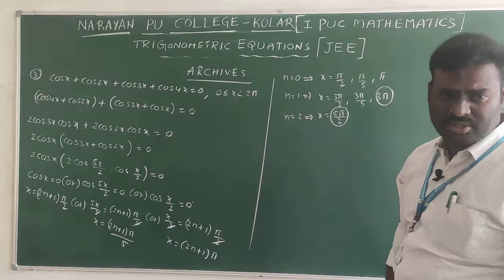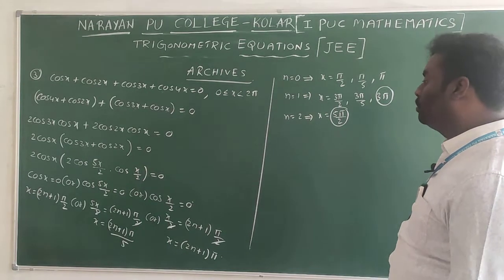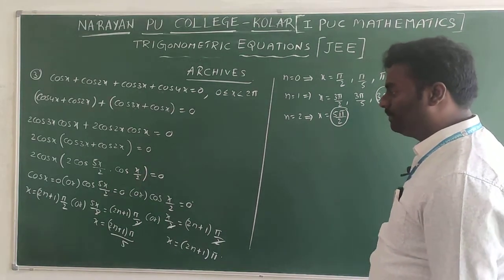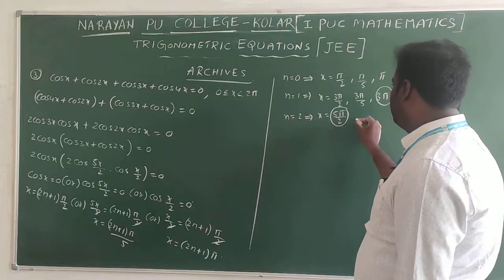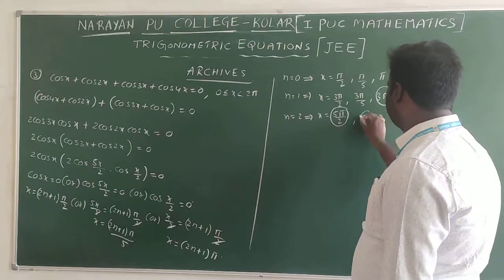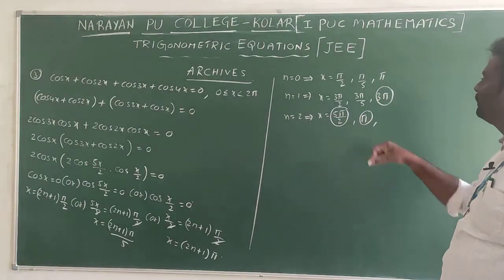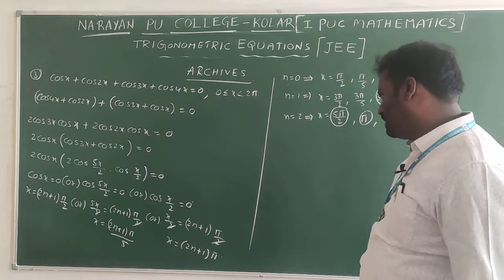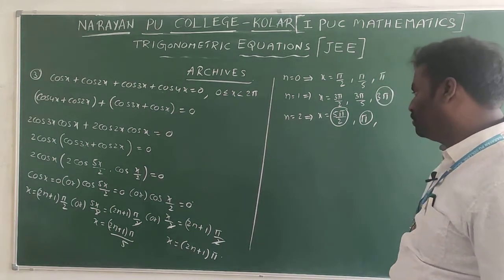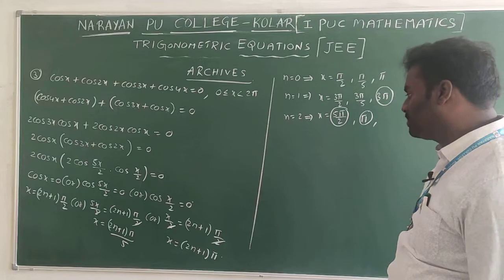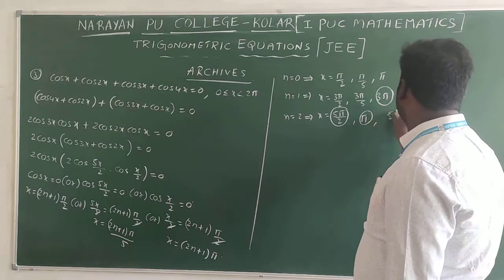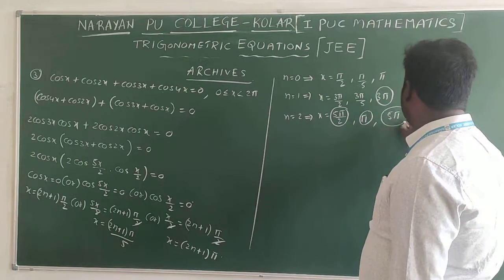This is also not possible. Next, 2 twos are 4, 4 plus 1, 5 pi by 5, that is nothing but pi, which is repeated, so don't take. Next we will check here n value 2, 2 twos are 4 plus 1, that is 5 pi. 5 pi also not possible.